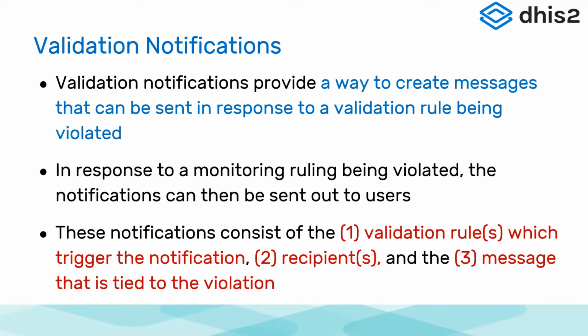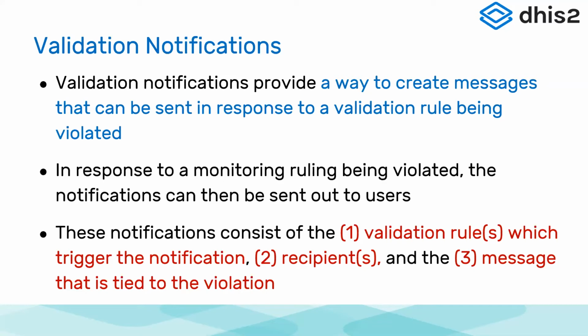So that is a manual process. If you run your validation rule, you can see your output. Even so, validation rules can run automatically. You can set validation rules to run automatically via scheduling.